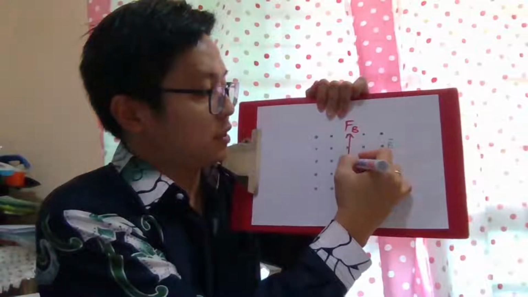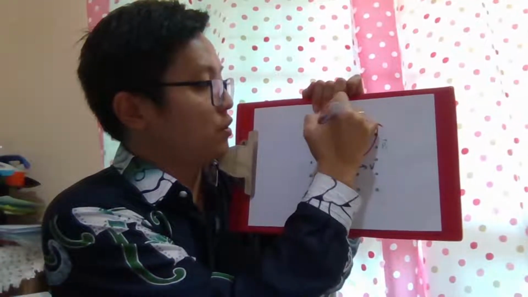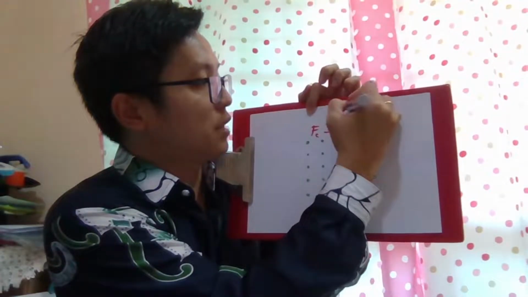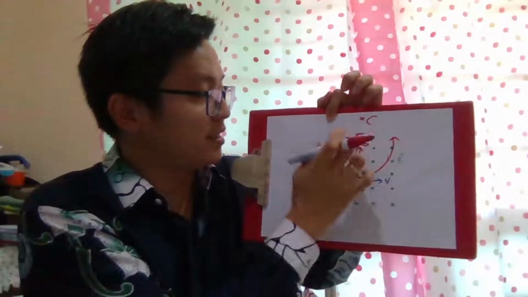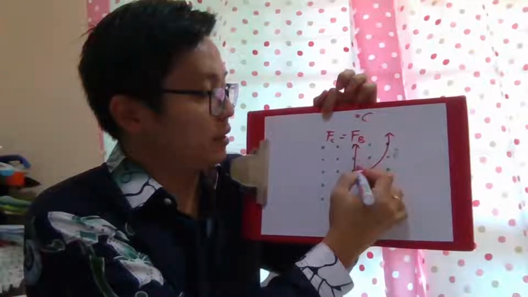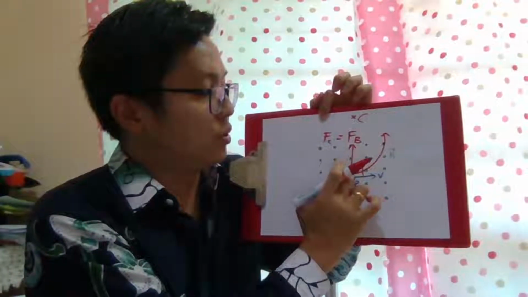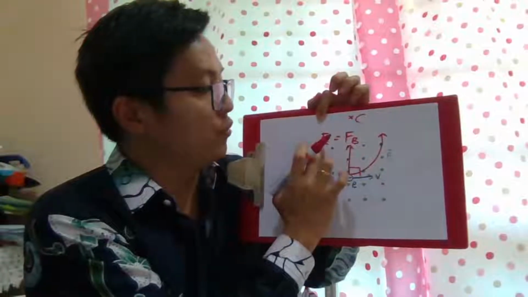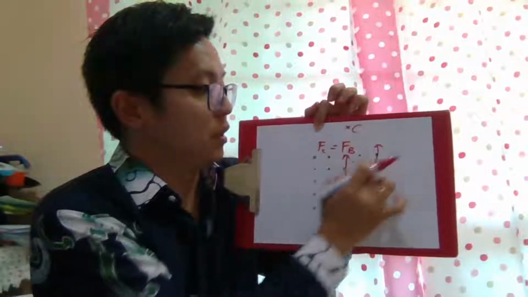So this charge should curve upward. This force becomes the centripetal force, and the center of the circle is over here, because the force is 90 degrees to the velocity. So this electron will move in a circle.